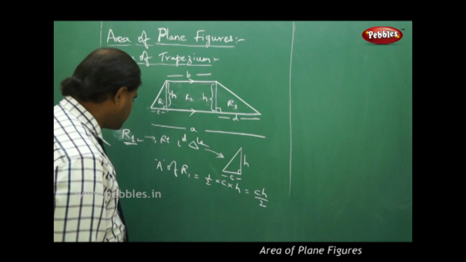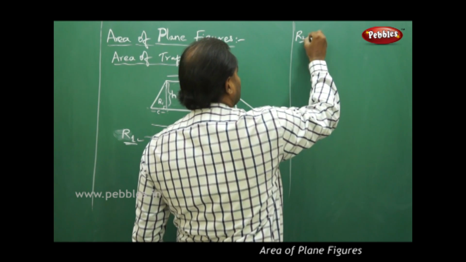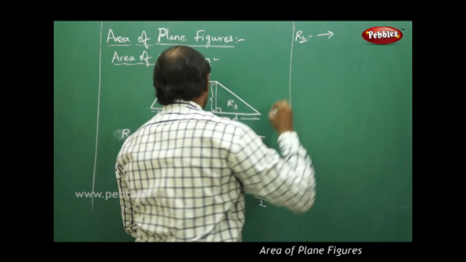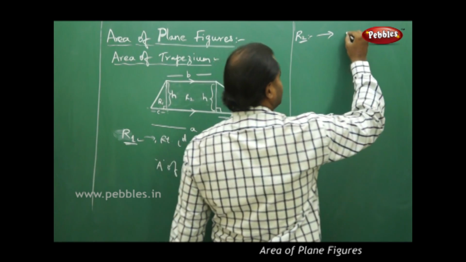So similarly, I take the region R2 and find the respective area. Now in this case, I identify that the region R2 is a rectangle, and let's see what the dimensions are for this rectangle.